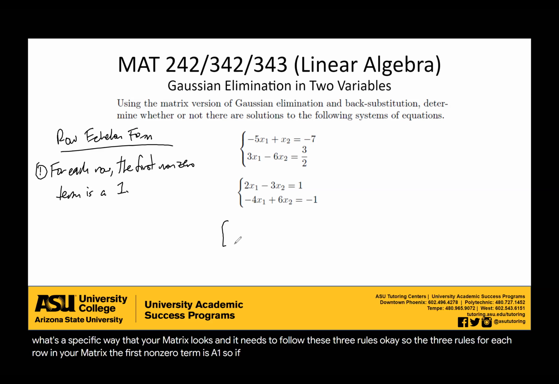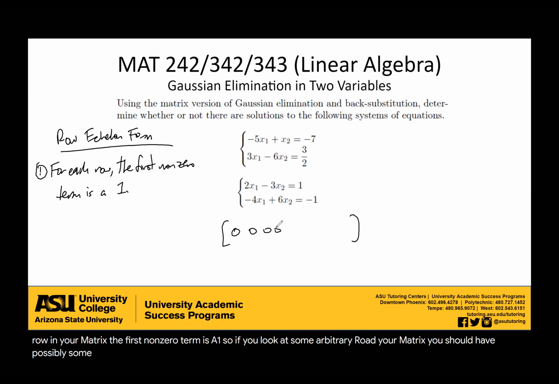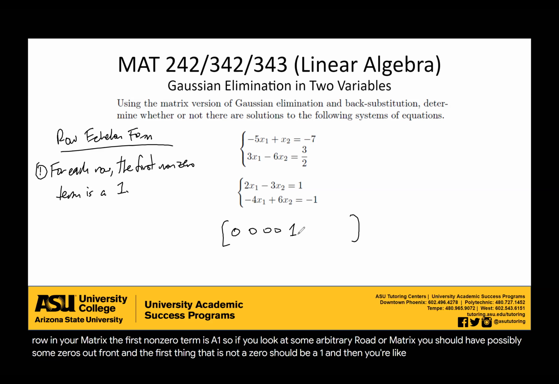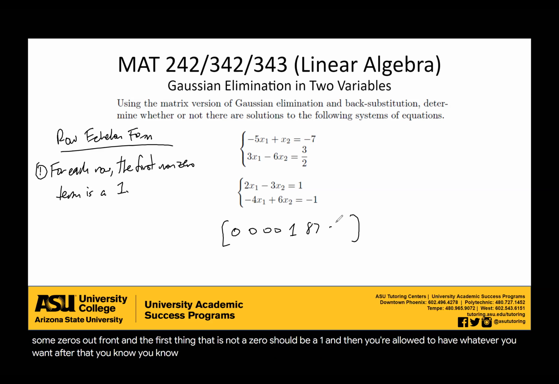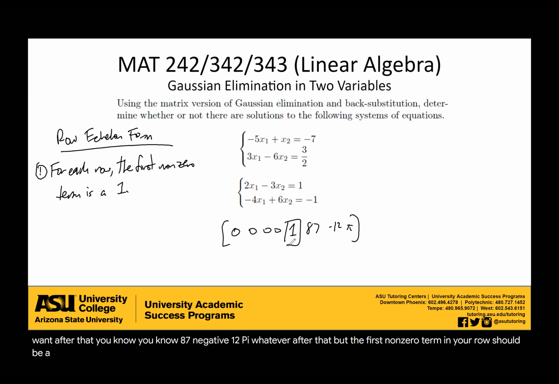If you look at some arbitrary row of your matrix, you should have possibly some zeros out front, and the first thing that's not a 0 should be a 1. Then you're allowed to have whatever you want after that. You can have 87, negative 12, pi, whatever. But the first non-zero term in your row should be a 1.